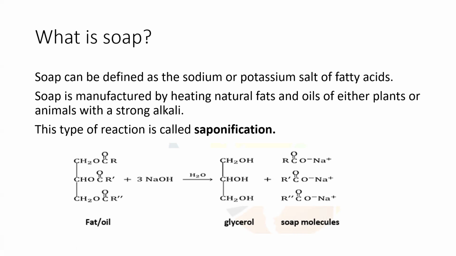For the sake of emphasis, I want us to remember that this R is a long hydrocarbon chain. This is very important for what we'll be discussing today. That R there is a long hydrocarbon chain. Are we together? So this saponification process produces soap and it produces glycerol as well.